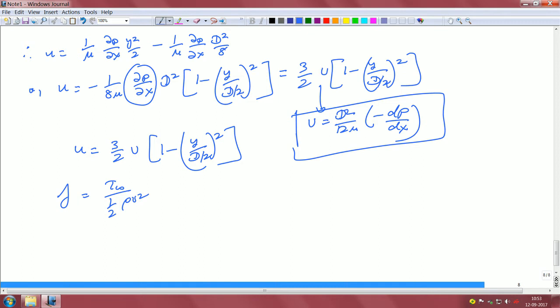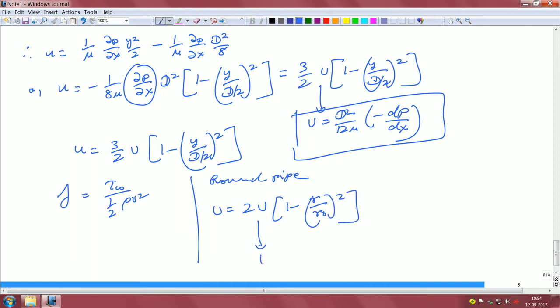Okay. Now, let us talk about a round pipe. So, this is for a duct, right, two parallel plates. For a round pipe, the essential expression is still the same, given by 2u bar into (1 minus (r by r naught) square) in that case, where this u bar is basically, this is small u bar by the way, r naught square by 8 mu into minus dp by dx, right.